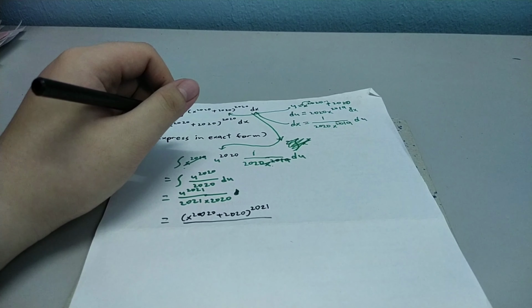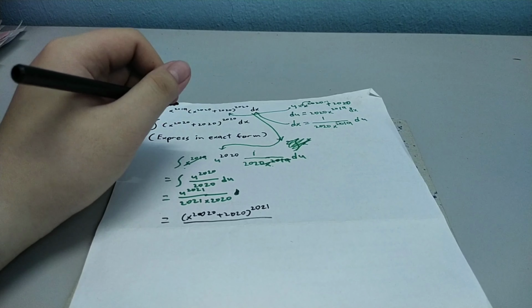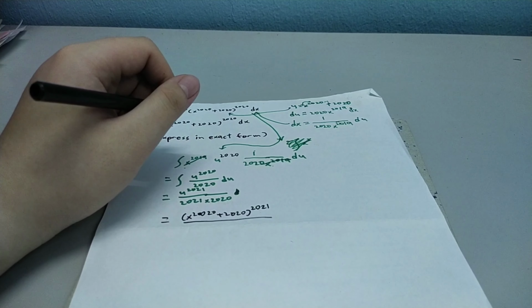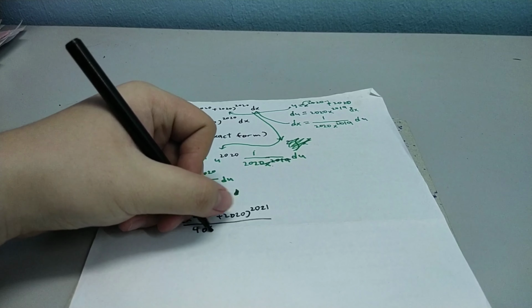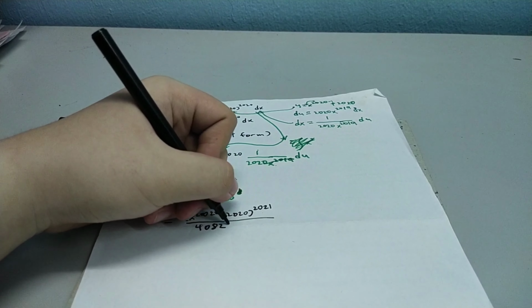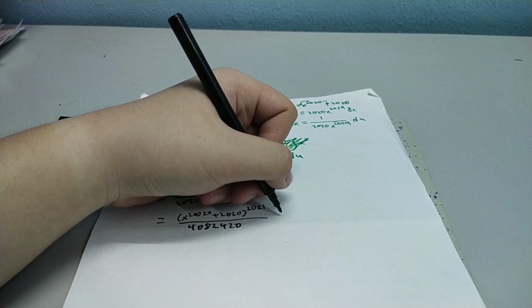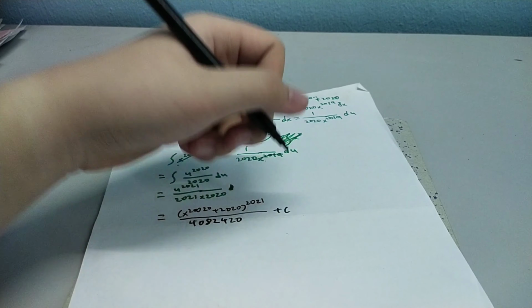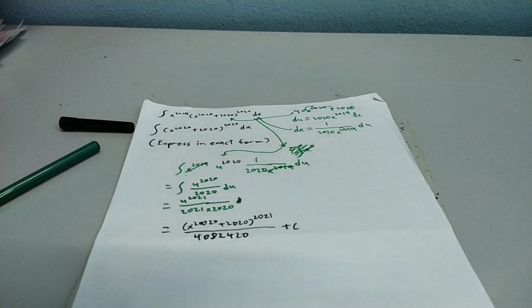What is it actually? 2021 times 2020, so that's 4,082,420. And don't forget, because it's an indefinite integral, we just plus c, and we are done with the first question.